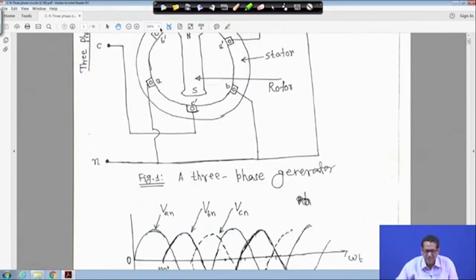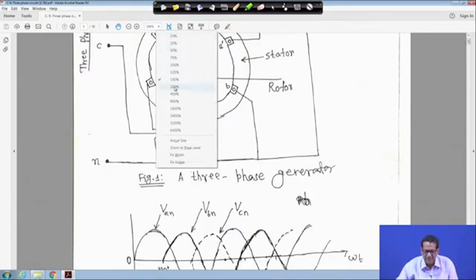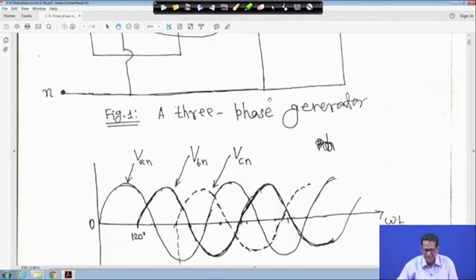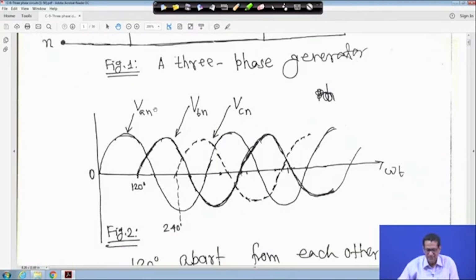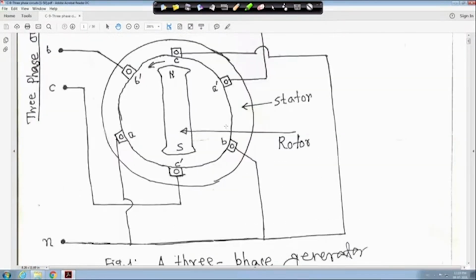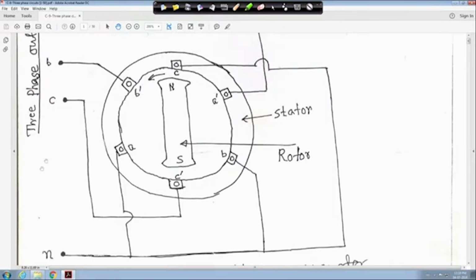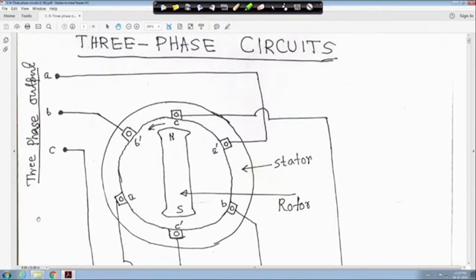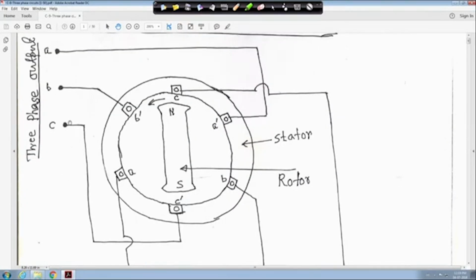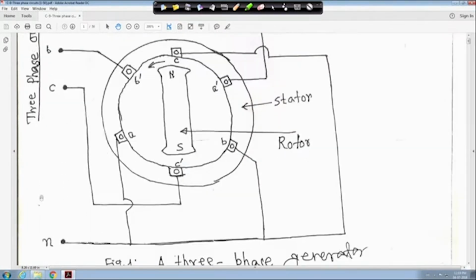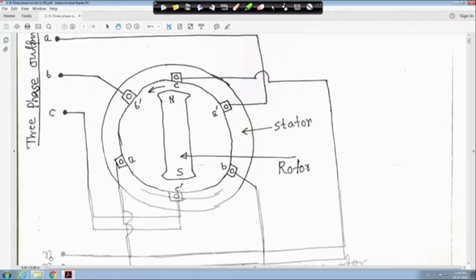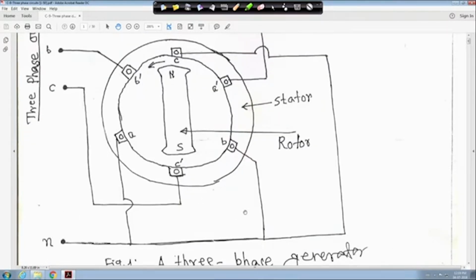So in this case, if you look into the voltages VAN, VBN, and VCN. Here we have marked A, B, C. One voltage will be A to N, another will be B to N, another will be C to N. So VAN, VBN, and VCN, right?